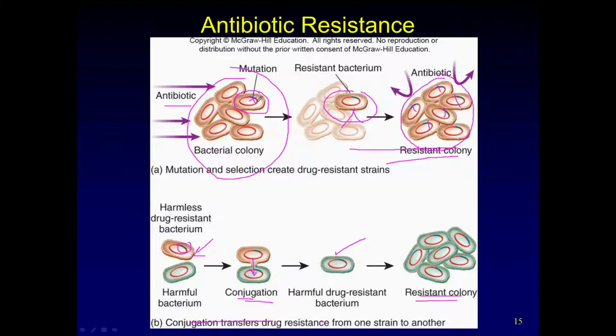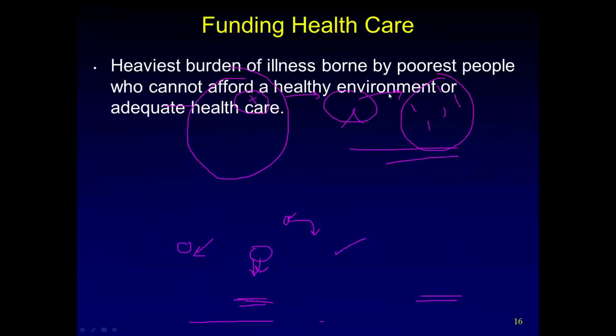So it's not just a mutation popping up, one surviving, and then a whole new population developing. It can also happen as bacteria literally transfer the resistant gene from one to the next through the process of conjugation. There's also plasmids, which are little circular pieces of DNA that have resistant genes in them that can go into the environment and be picked up by bacteria. So bacteria can share the resistant genes with others, which is kind of scary too.